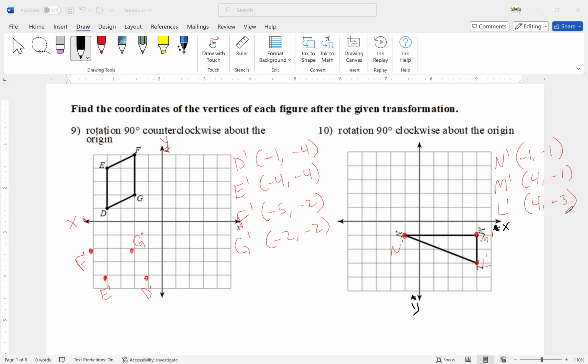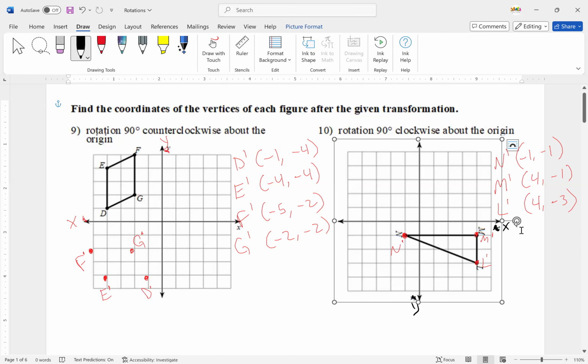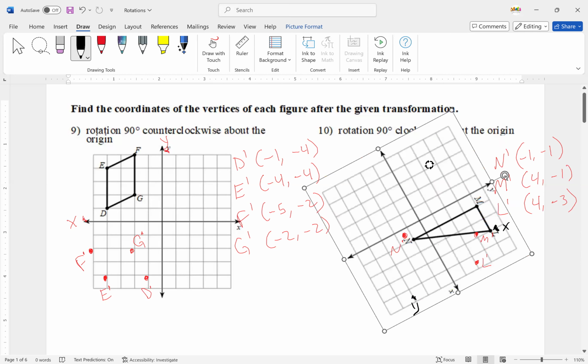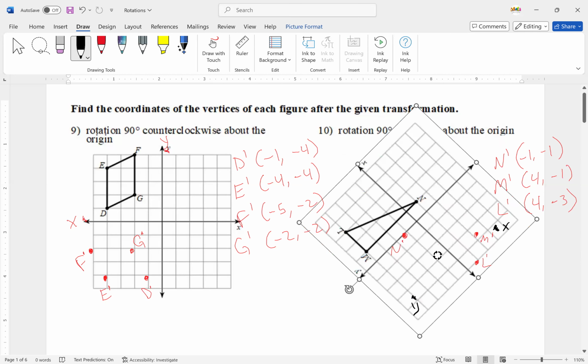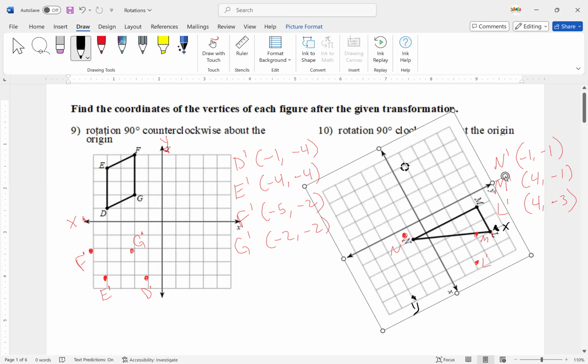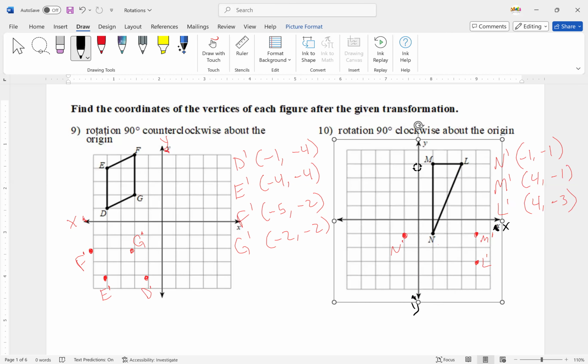So for this part, just do that. Again, I had to flip the image. You guys can see how I literally flipped the image. I was rotating the image. It started right there, but I went 90 degrees clockwise.